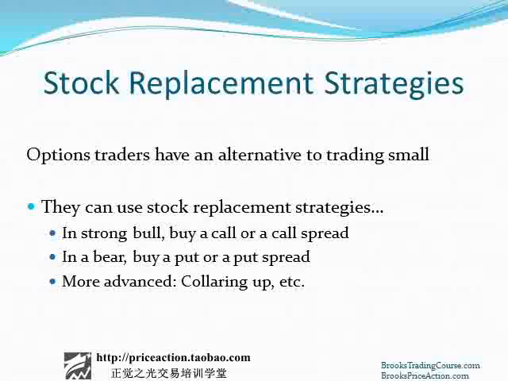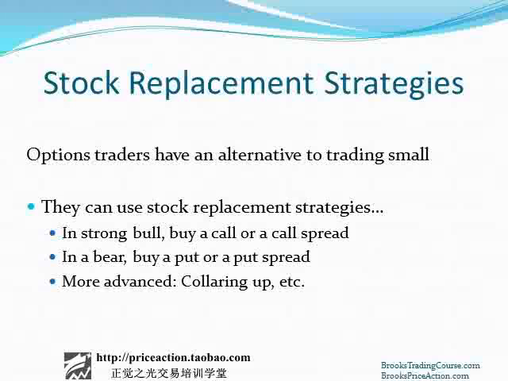If the market's in the breakout phase of a bear trend and there are no pullbacks and the stop has to go far, far above where you are right now, an alternative to trading very small and putting the stop far away is to sell out of your stock and buy back your short and replace it with a simple option strategy. For example, buying a put or buying a put spread.